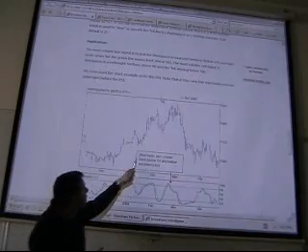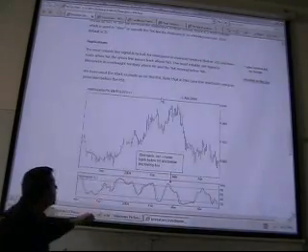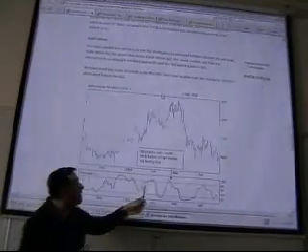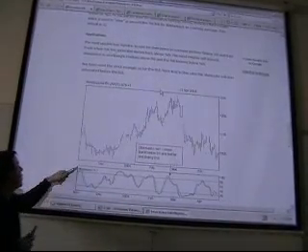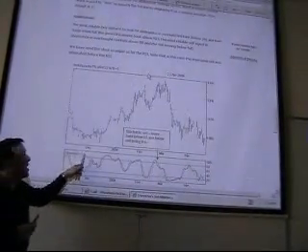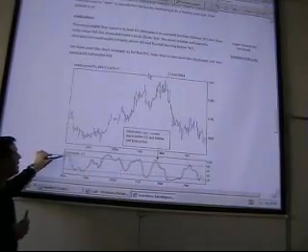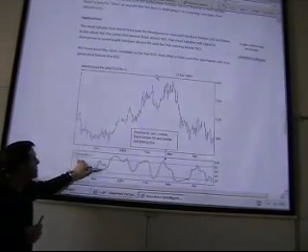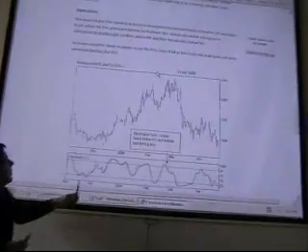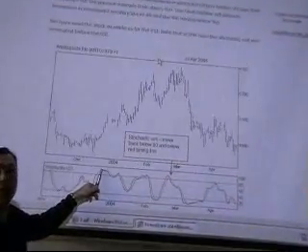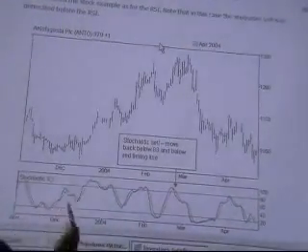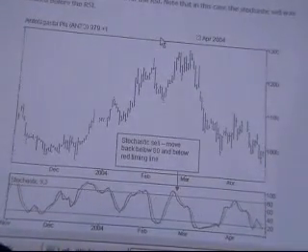Alright, so these are sometimes also called the RSI, sometimes they have also a name of a stochastic. So this is a stochastic with 9 and 3. The general idea here is that you have two lines moving up and down. This indicates a local high. This is called overbought condition.